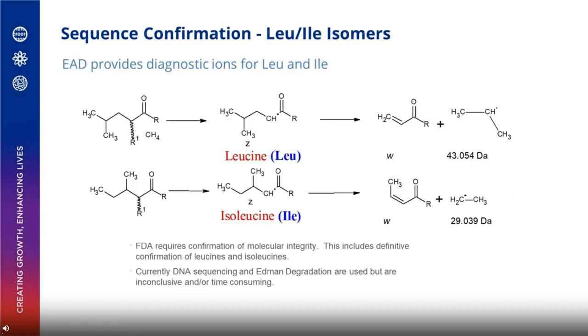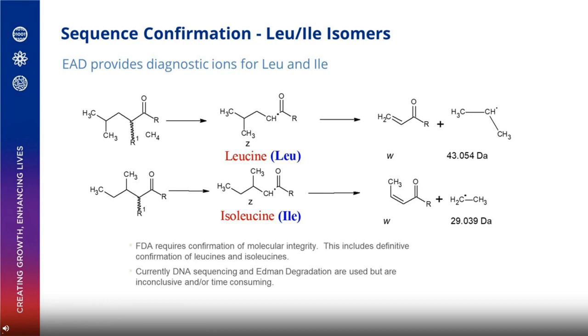The sequence confirmation of leucine and isoleucine isomers is important because residues in the variable regions, especially in the CDR regions, may result in substantial loss of antigen binding affinity and specificity of the antibody. So the regulatory agency, FDA, requires confirmation of molecular integrity with 100% sequence accuracy. This includes definitive confirmation and differentiation between leucine and isoleucine residues.